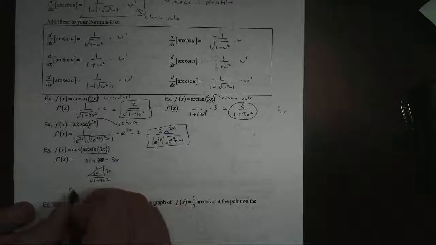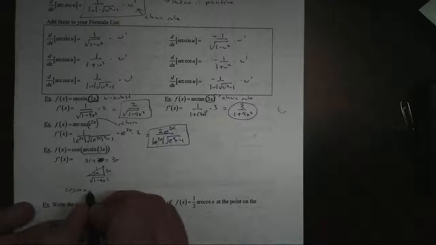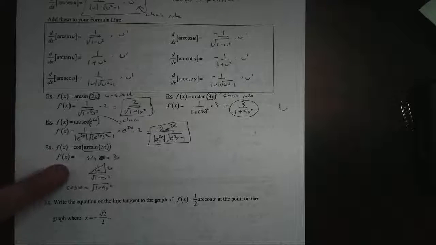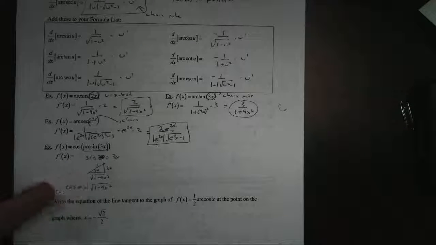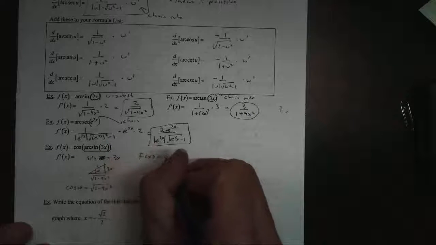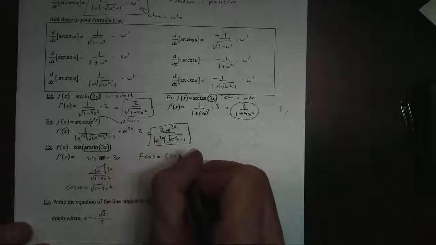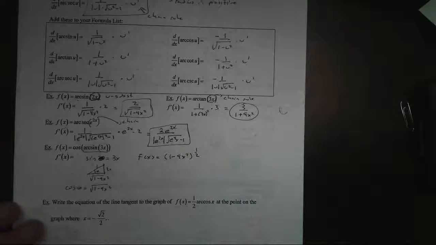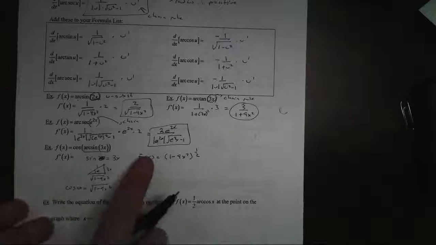And I find the cosine of that angle is the square root of 1 minus 9x squared. So this function is really the square root of 1 minus 9x squared. So f of x is really 1 minus 9x squared to the 1/2. That's really what this function is.